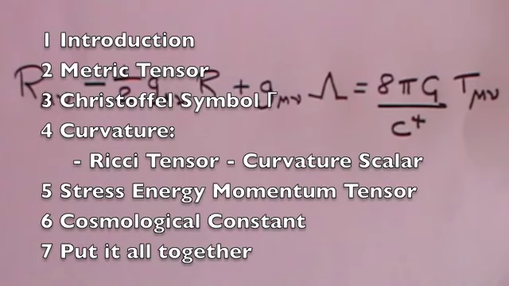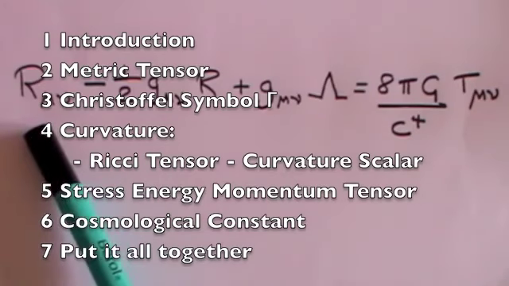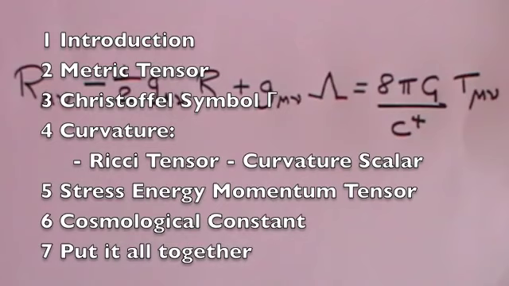So here's our agenda for the remainder of this video. We've done the introduction. Next, we shall do metric tensors. Then we'll move on to Christoffel symbols, which are capital gamma terms. You may wonder why I need to do that, because they don't appear to feature in the Einstein field equation, but they are heavily involved in the Ricci curvature tensor, so we'll need the Christoffel symbol.